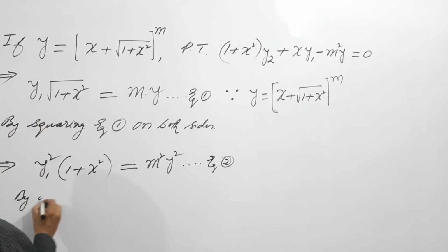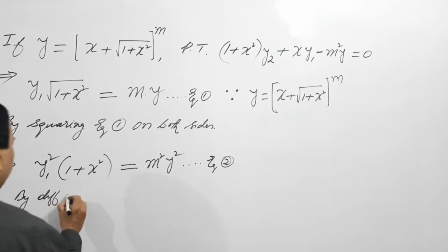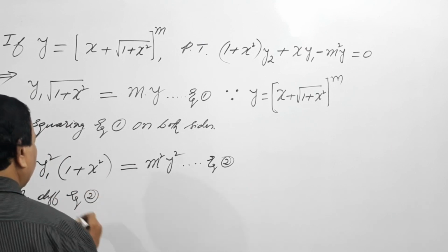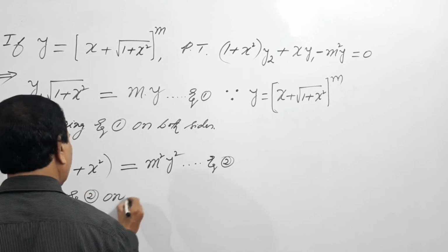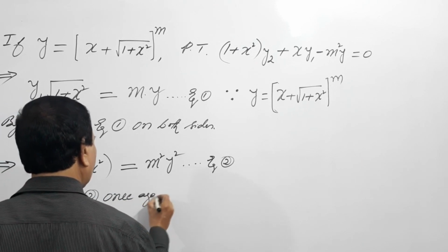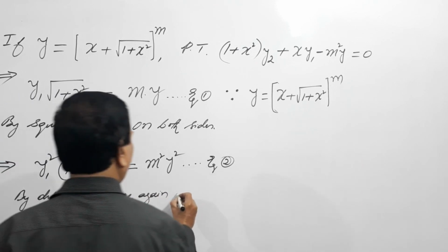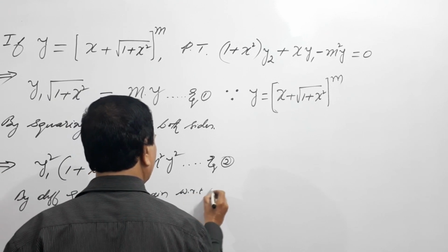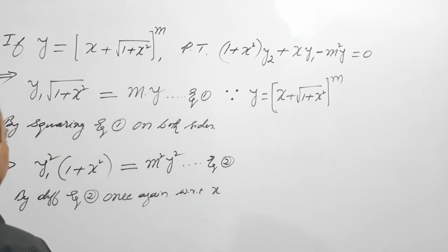By differentiating equation 2 once again with respect to x. What happens?